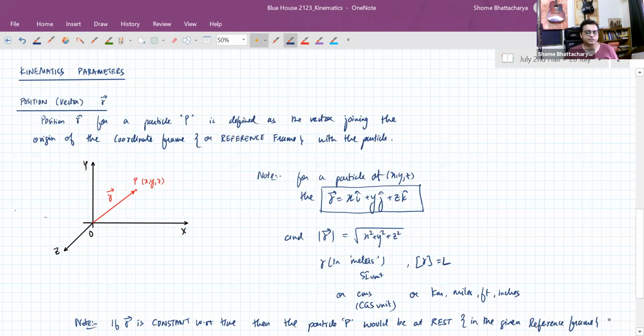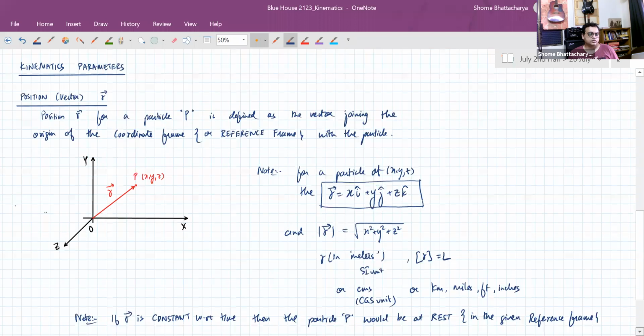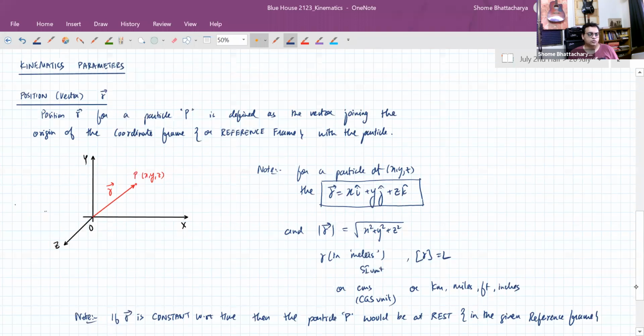So you can just think of a reference frame as a system of axes, a system of XYZ rectangular Cartesian coordinate axes, which is used as a reference to measure motion.